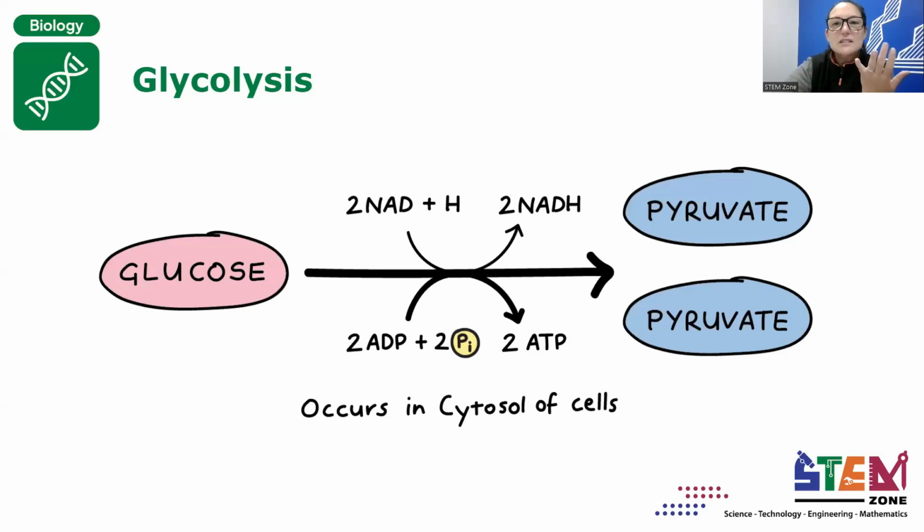There are 3 stages to this amazing reaction. You've got glycolysis happening first. The glucose molecule is split in the cytosol of the cell. Glycolysis is a splitting of glucose into 2 3-carbon molecules known as pyruvate.